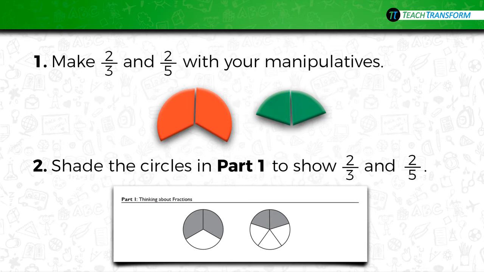Now let's look at your fraction models again. Remove pieces from your wholes so that you have 2/3 and 2/5 showing. And then go back to the circles that you partitioned in part 1 and shade them so that you have 2/5 and 2/3 shaded. Pause the video while you're doing these 2 things.